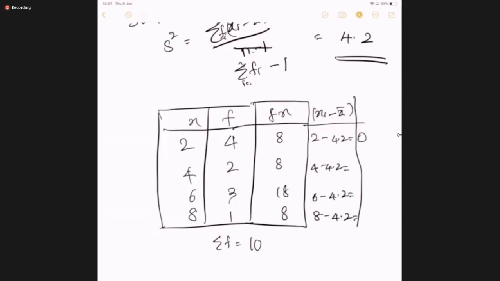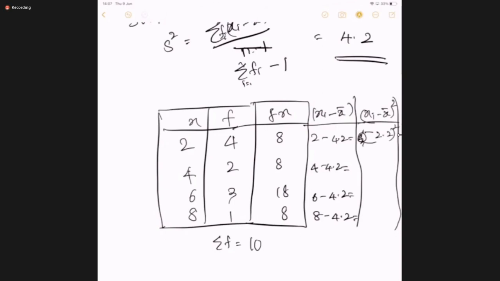Then you need to construct the column which contains xi minus x bar squared. You have to get the square terms. Here we have 2 minus 4.2 is minus 2.2, and get the square value.